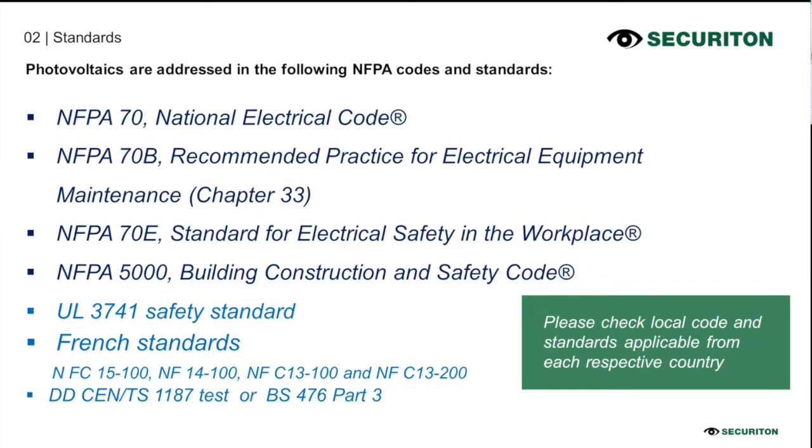I've collected some of the widely used standards, which is NFPA. Under the NFPA codes, there is NFPA 70, which is the National Electrical Code, and NFPA 70B, the Recommended Practice for Electrical Equipment Maintenance. You can cross-check Chapter 33, which is mostly related to solar installations as well. Then NFPA 70E, the Standard for Electrical Safety in the Workplace, and NFPA 5000 for the Building Construction and Safety Code.